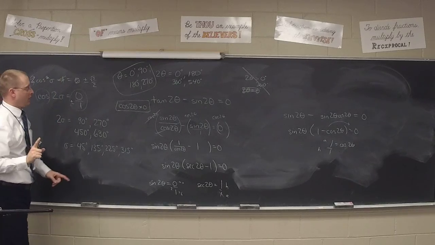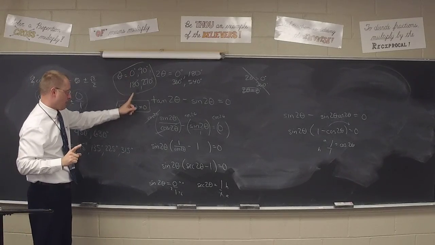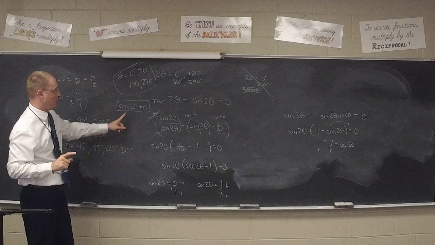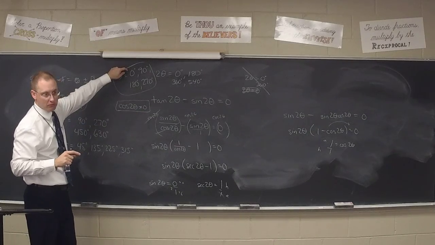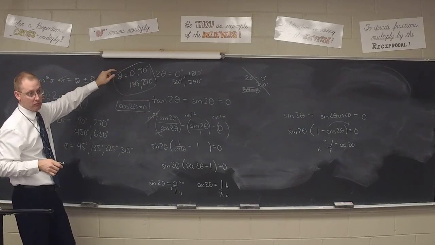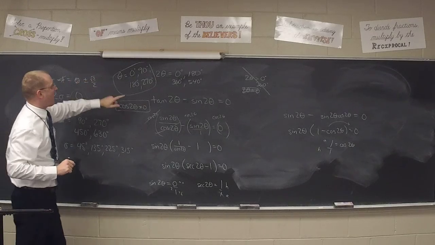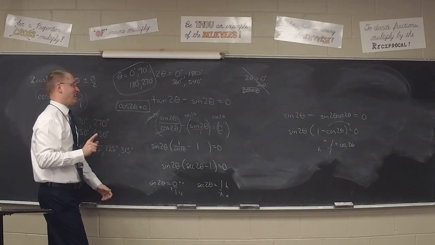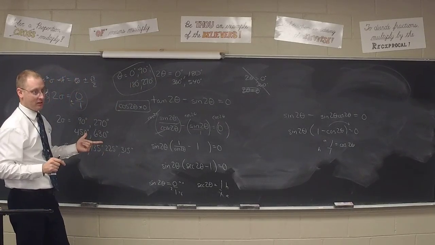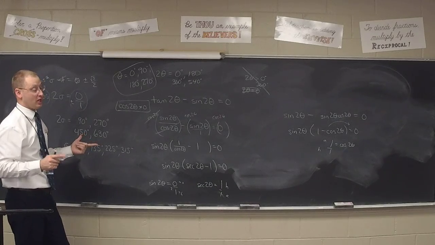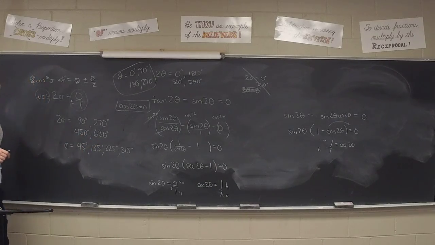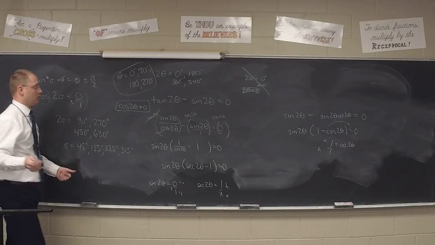Now, question. If you doubled any of these and tried to take the cosine, would it give a 0? Well, what's double 0? 0. What's the cosine of 0? 1. So we're good. What do you get if you double a 90? 180. What's the cosine of 180? You can test it on the calculator. -1. Right? Well, we're good there.